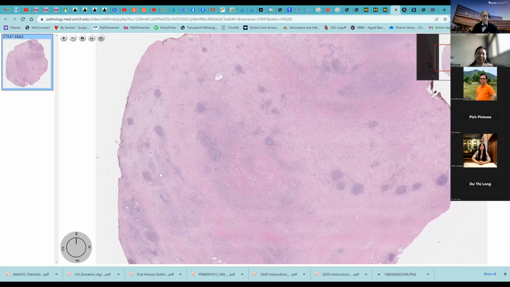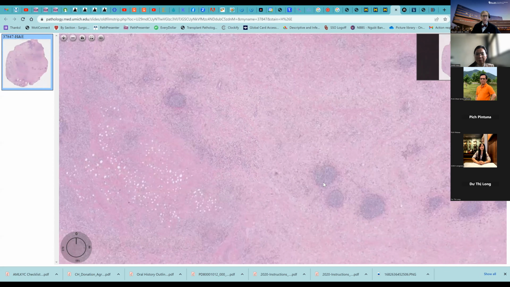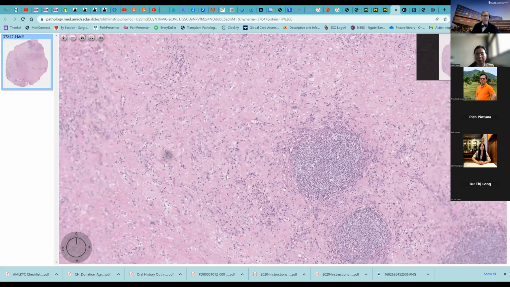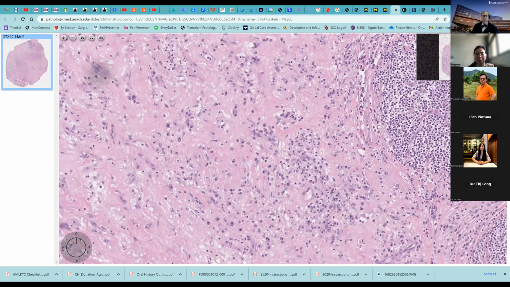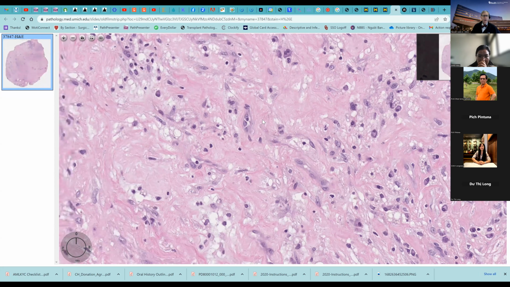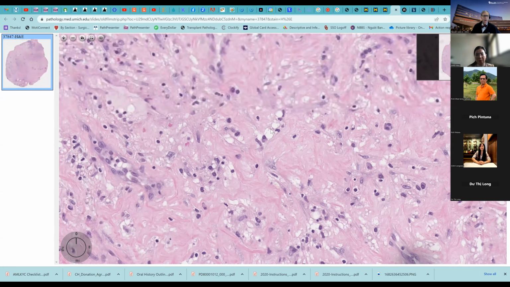Here is the low power view, and you can see we've got these little clusters of lymphoid inflammation here, and then intervening areas, some plasma cells, and the myofibroblasts may almost fade into the background sometimes. So here's a few, here's a few, here's a few, but it may look like this is more inflammatory, and hence the term inflammatory pseudotumor.